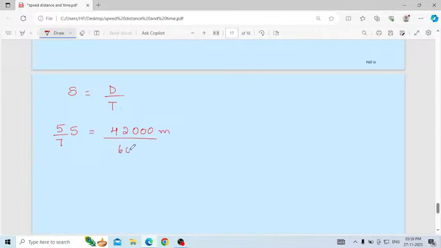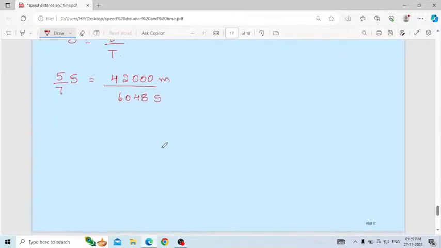Then 6048. This it will be in terms of second. Then cross multiply here. You will get actual speed. It will be 42,000. Take the reciprocal here, 7 divided by 6048 into 5. If you simplify, you will get here 350 divided by 36 meter per second.